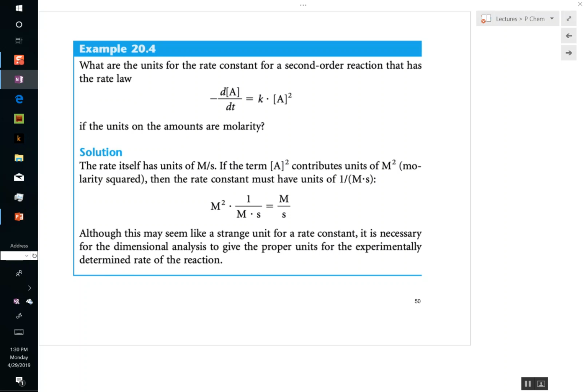This term contributes molarity squared over, here's molarity per second, and that's going to distill down to molarity per second as you go through the dimensional analysis.